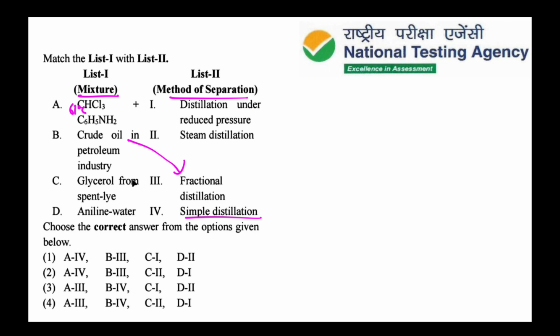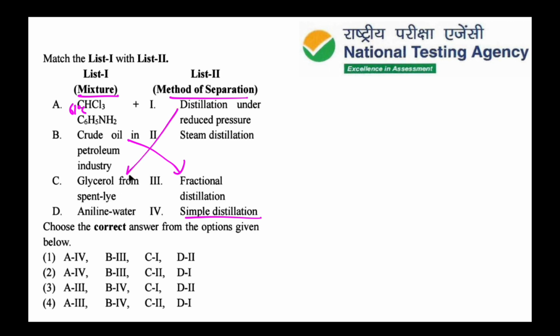Then glycerol from spent lye, a method used in the soap industry. This is purified by using the distillation under reduced pressure method. So high boiling glycerol can be obtained from spent lye. That means organic compounds with high boiling points can be purified by distillation under reduced pressure.